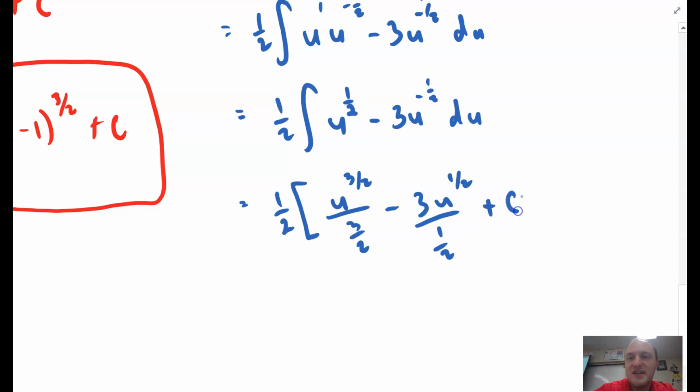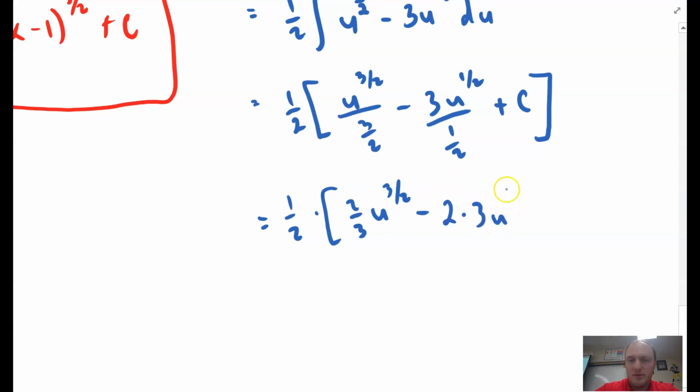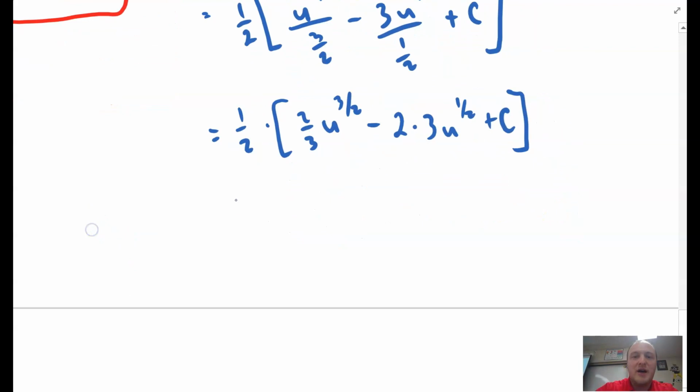Don't want to exclude c, that poor constant. Doesn't even know its identity. And I'll go ahead and rewrite this. So this is 1/2 times 2/3 u to the power of 3/2 minus 2 times 3u to the power of 1/2 plus c, and then we'll go ahead and multiply.